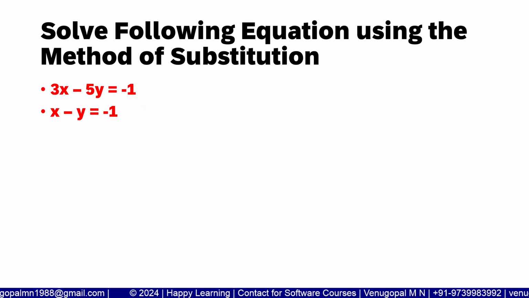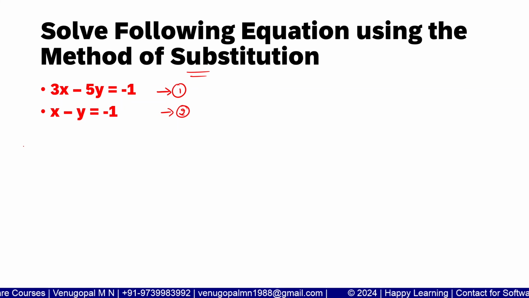Okay, so now let us see a few examples of how we can derive the values, so that you will have complete clarity. Here we have an example: solve the following equations using the method of substitution. Very important. There are two equations given. 3x minus 5y is equal to minus 1. Let us call this equation 1, and we also have another equation, x minus y is equal to minus 1. We will call this equation 2.